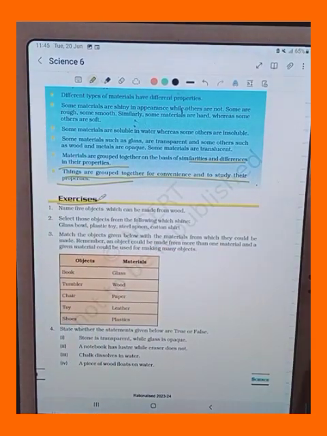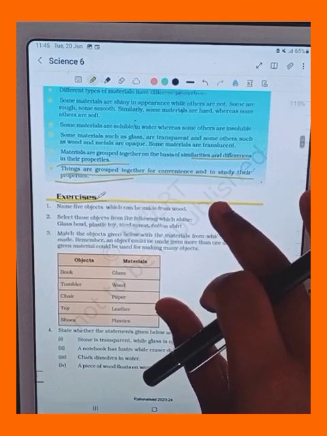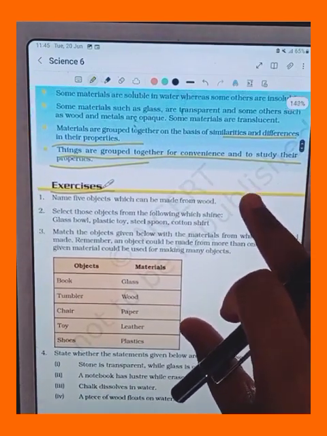Name 5 objects that can be made from wood.